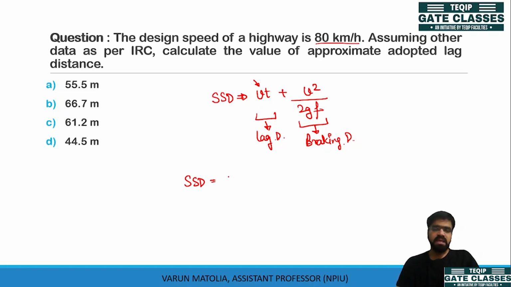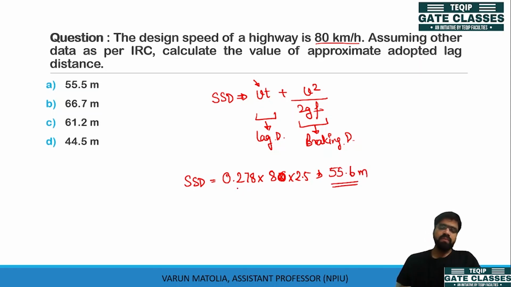So let us write the equation as 0.278, in order to convert this kilometer per hour into meters per second, times t times 80. Now calculate the value. The value is coming out to be 55.6 meters.